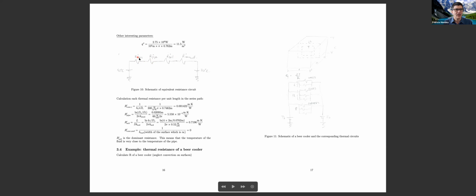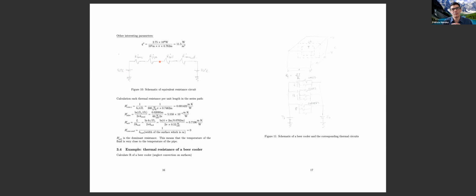So if these are very small, I can say these are more or less 0. And what does it mean? That the temperature of the fluid here is more or less the same temperature as the inner part of the soil.